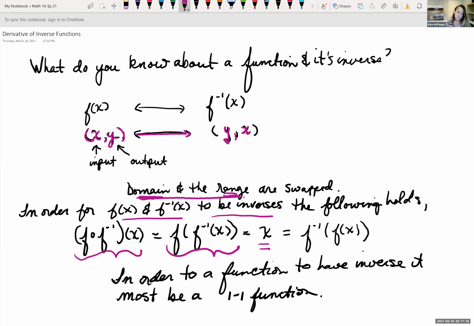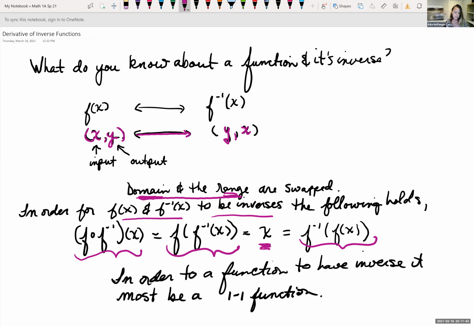We talked about composition of functions not always being commutative. If one function is the inner and one is the outer, and you swap them, you don't always get the same thing, so order matters. But when you're looking at a composition of inverse functions, you'll always get back x, no matter the order. They undo each other.